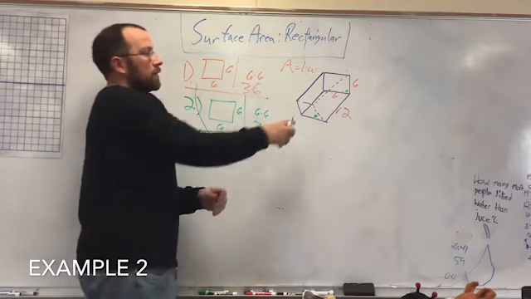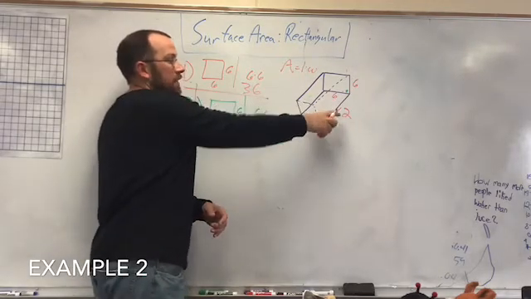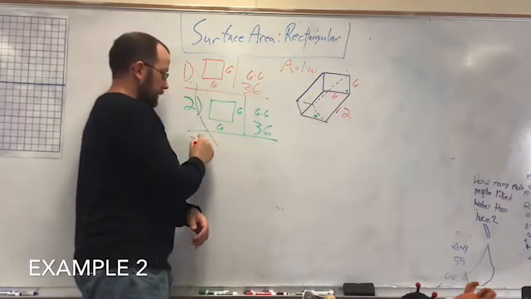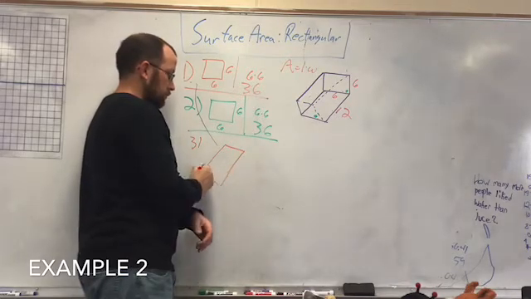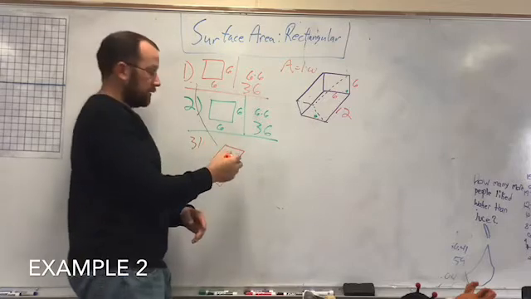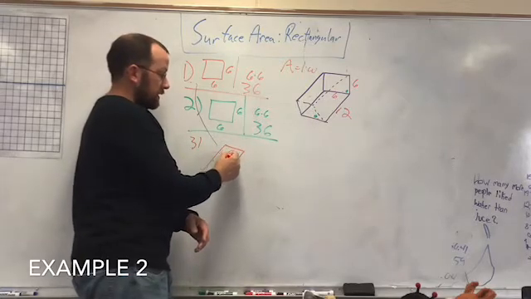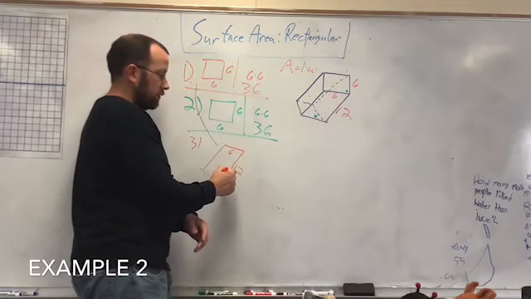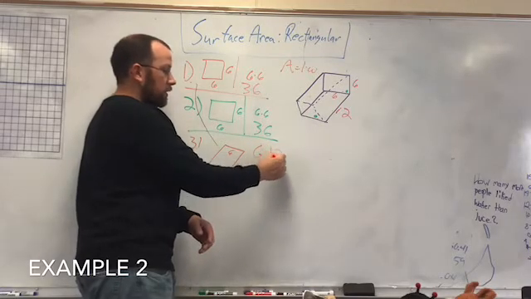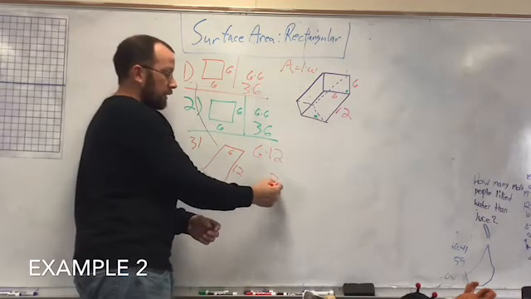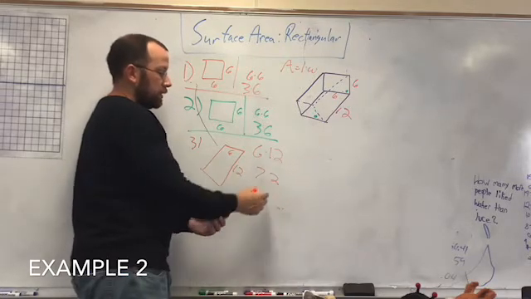Now, I can do this one right here, 6 and 12. It looks something like that. So 6 and 12. 6 times 12 gives me 72.